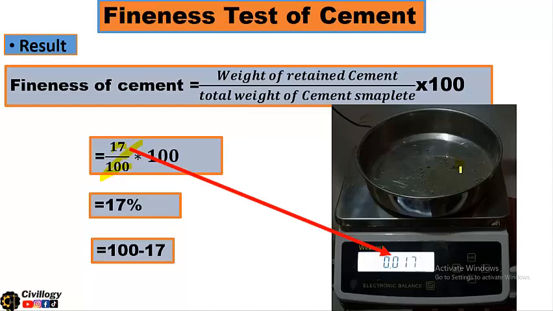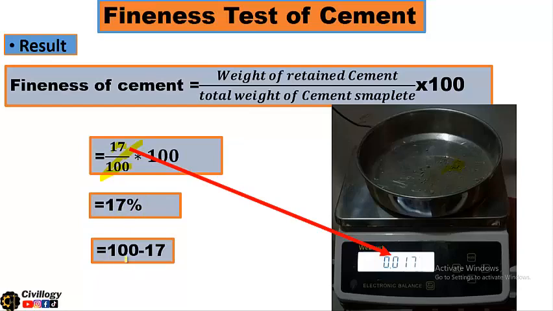The cement bag was kept open for a long time, so lumps formed in between, and this value exceeded 10%. So this cement quality is not good and is not recommended for use due to these lumps, and the retained percentage has also exceeded 10%.